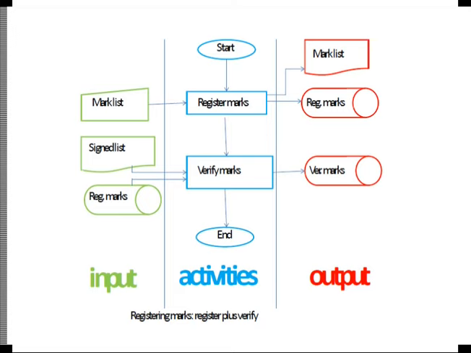To verify marks, they use the signed list and the already registered marks, check them out whether a mistake has been made or not, and then after that they're being offered to you as students as being verified and marked, which you can count on for your average, right? And then the process starts. What we see is input area, activity area, and output area.